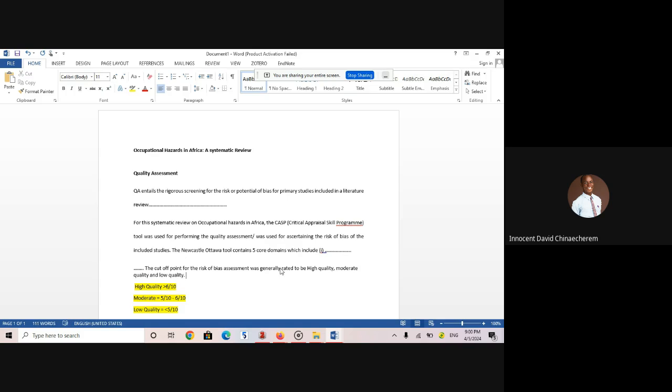You can also use another one, high risk. High risk is more like low quality, low risk signifies high quality, and then moderate.